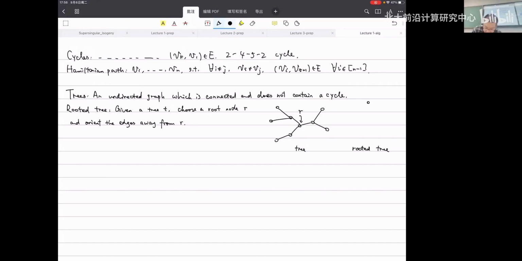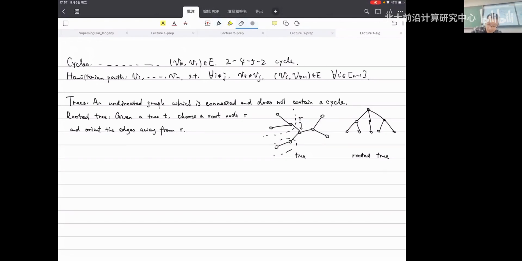Let's take a look at this component. Basically it is going to be something like this. And how about this component? It is going to be something like this. And the rest of the graph is going to look like this.